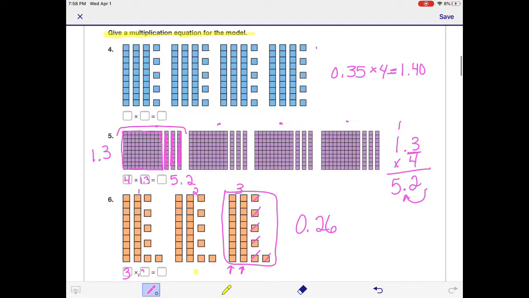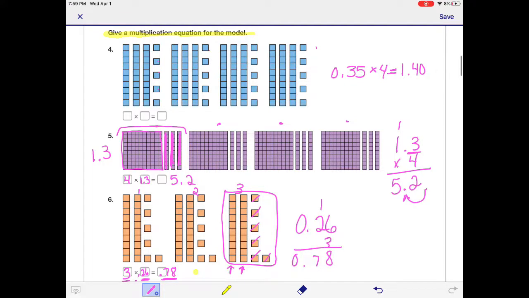So 3 times 26 hundredths equals, what does it equal? 6 plus 1 is 7. So the total equals 78 hundredths. So our multiplication equation down here, it's so little, hopefully you can see this, is 3 groups times each group has 26 hundredths equals 78 hundredths.